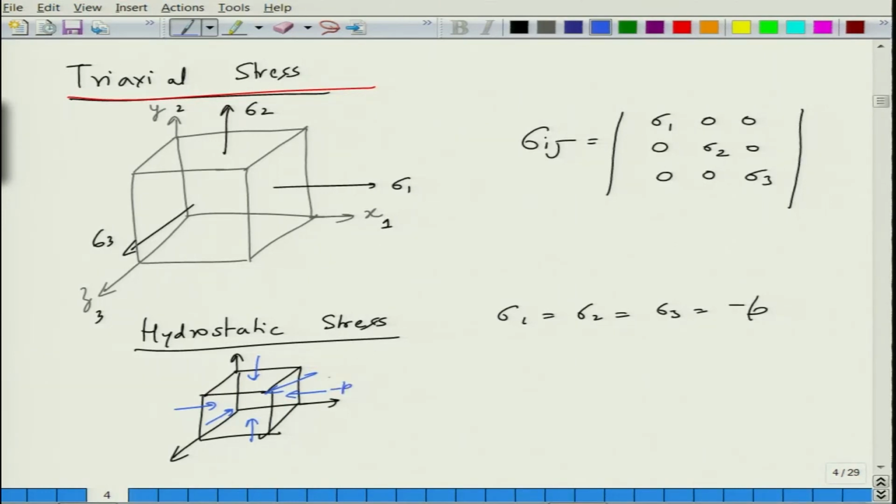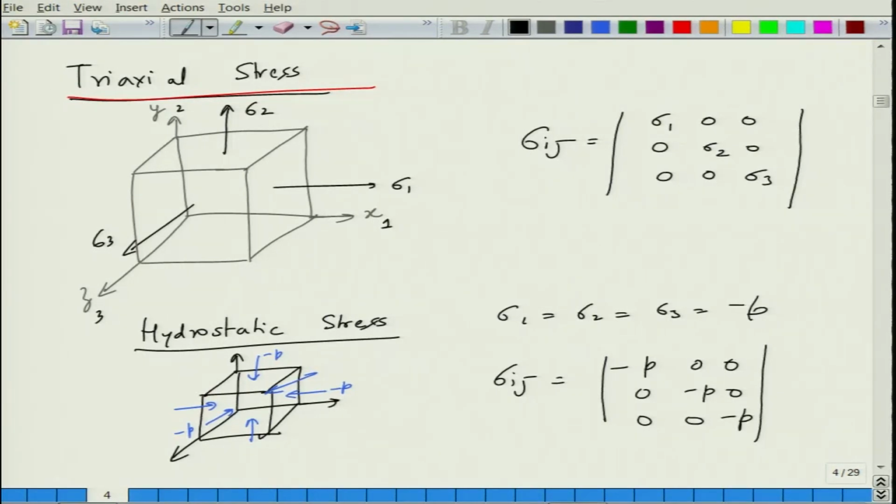So, we can write sigma ij here as minus P 0 0, 0 minus P 0, 0 0 minus P. These are the states of stress you can write, and then you have things like cylindrical stresses where sigma 1 and sigma 2 are equal, but they are not equal to sigma 3 and so on and so forth.